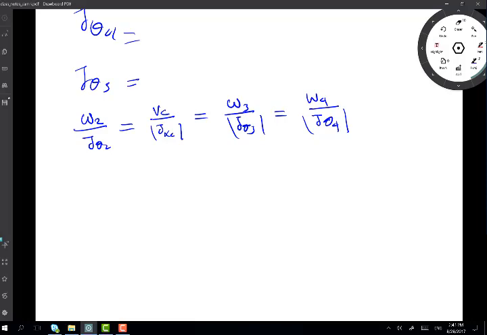We do our velocity analysis like we did here, and then we integrate numerically. We integrate the velocity expressions to get the positions of different links. And with the positions of different links, you have done your position analysis.